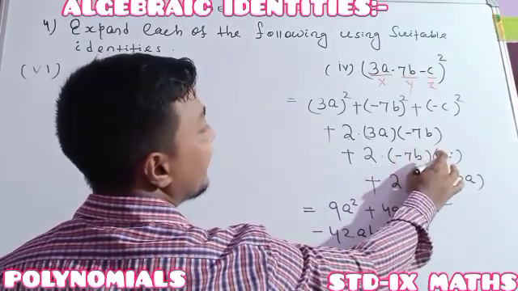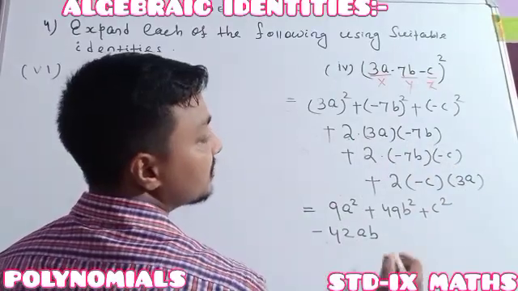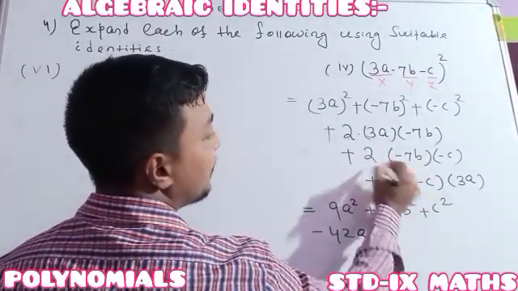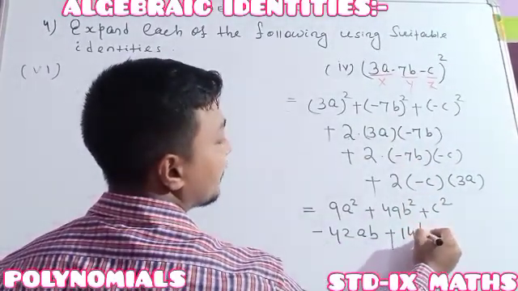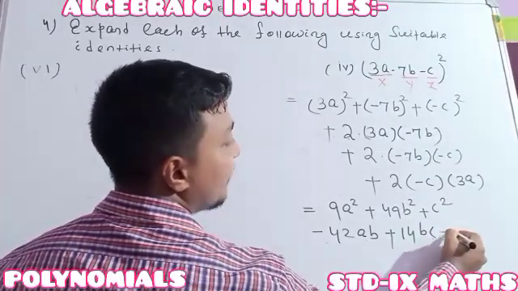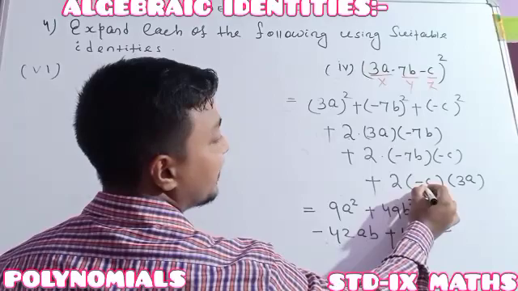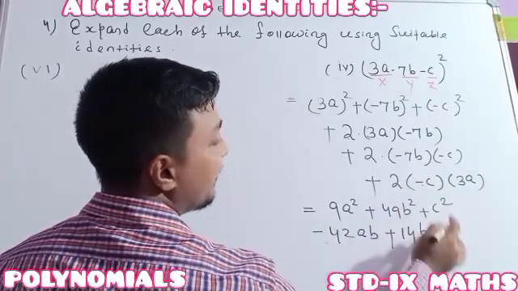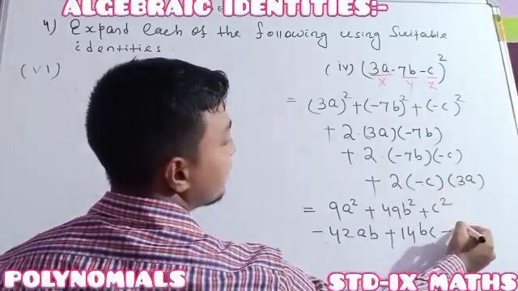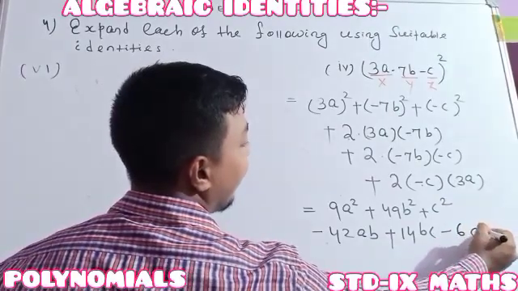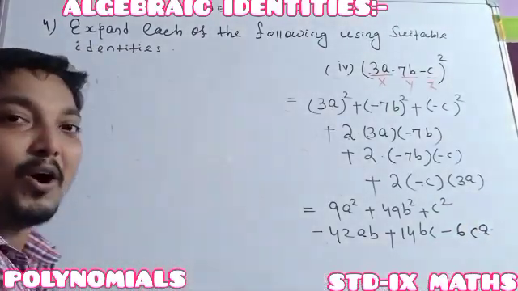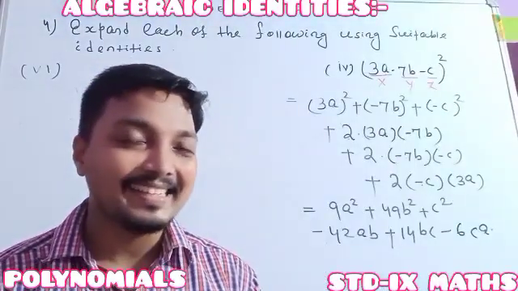Here it is minus minus, it means total term it will be plus. So plus 7 2 is 14 bc. And the last one it is c. Here it is 1 minus term. So for which this one it is minus. So 3 2 is 6 ca. Understood this question?